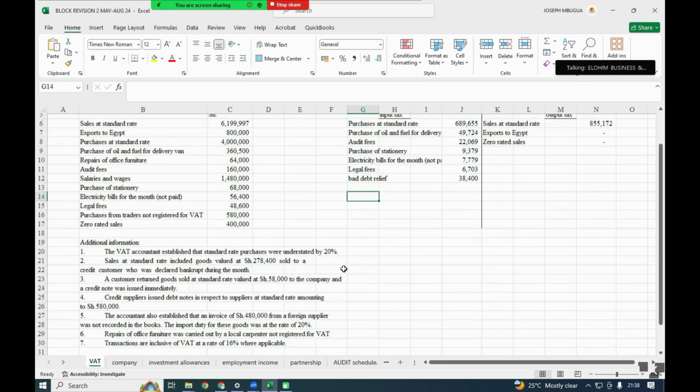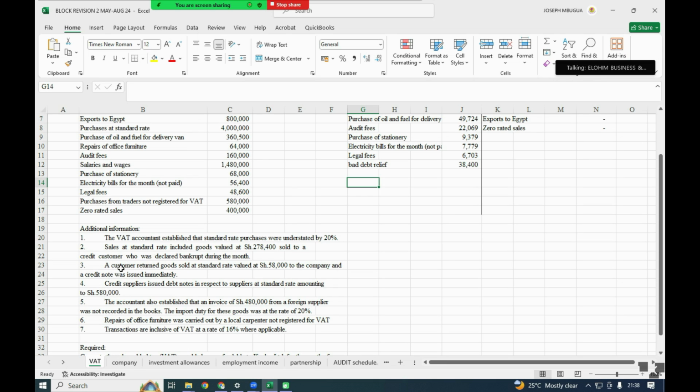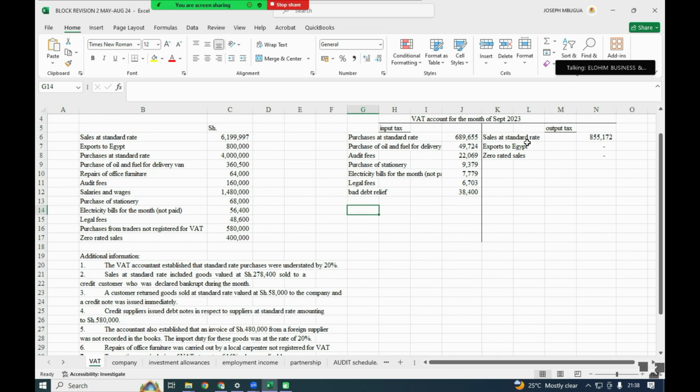Then note number 3, a customer returned goods sold at standard rate valued at 58 to the company, and a credit note was issued. Again, you have an option, but because we are using the T account here, we call it return inwards, or you can call it the credit note issued.